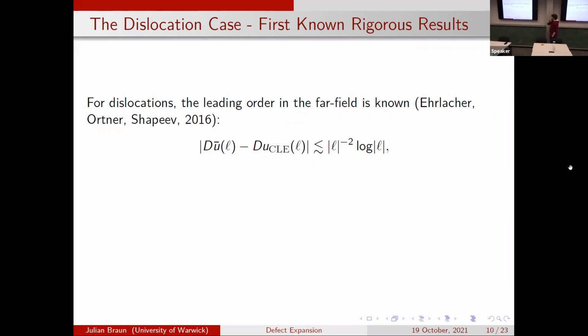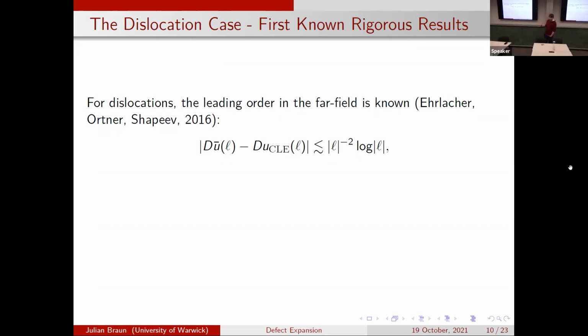You should think of an estimate like this, that both the gradient of u bar and the gradient of u CLE are at order -1, and the error is at order -2. So it's a relative error of one order. You can actually ignore the logarithms. They are important, but not that important. It's really about the orders. So this is the leading order behavior of u bar in the far field.